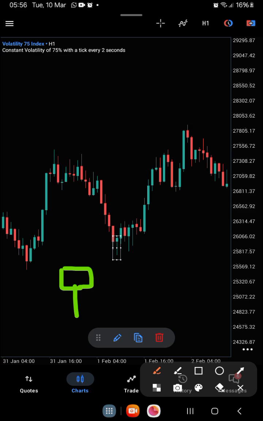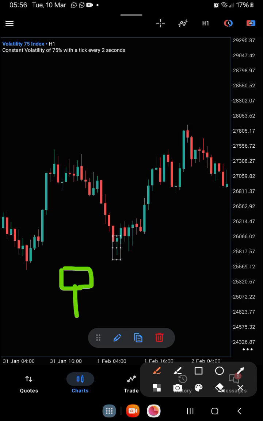Right, so a hammer for confirmation usually works with the next candle. So in this case, given that we had our hammer here, it can be a red candle, it can be a green candle. As we can see here, this one is green. It usually signifies a reversal, so it happens after a downtrend.